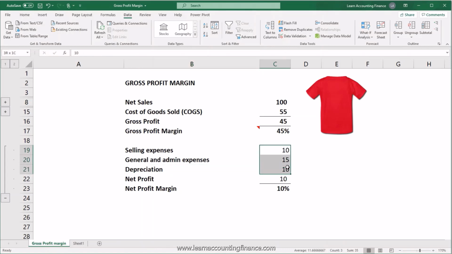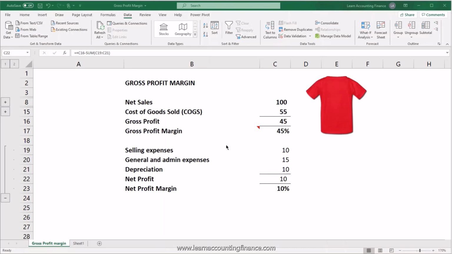These expenses are not considered when calculating your gross profit. Your gross profit is really about your net sales and your cost of selling that product. All the other back office expenses are not included in the calculation of gross profit. They are actually included in the calculation of net profit, which we will talk about in a moment.